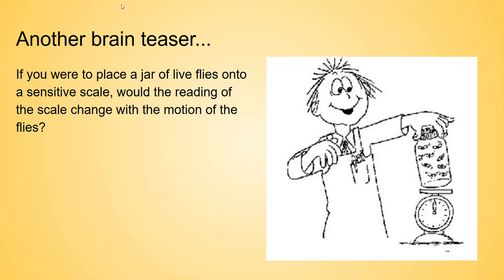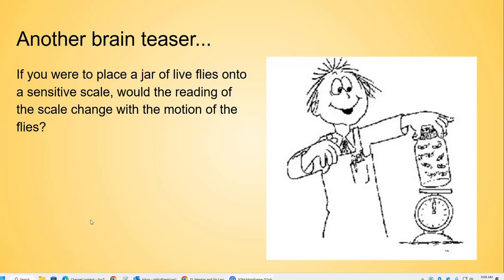The flies are able to fly all around. Will the scale reading change on this super sensitive scale? This is something I'm going to have you think about in an upcoming lab. Whatever you think will happen, this is what I want you to talk about in your lab group.